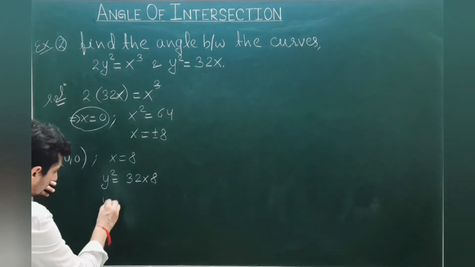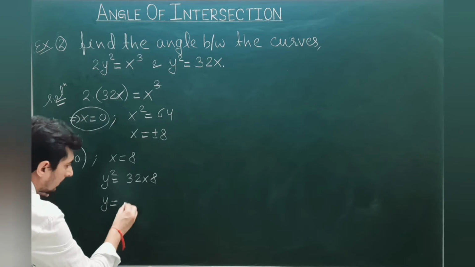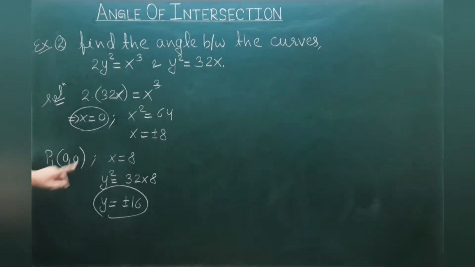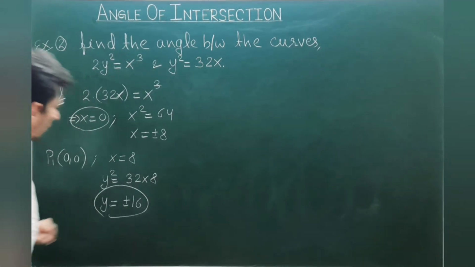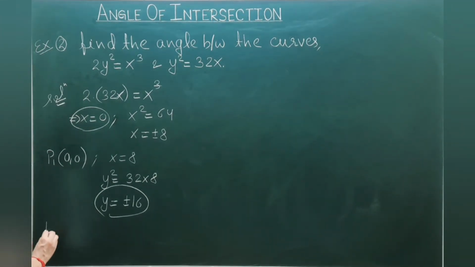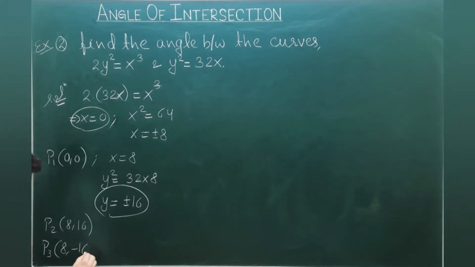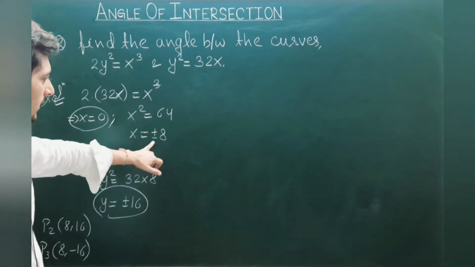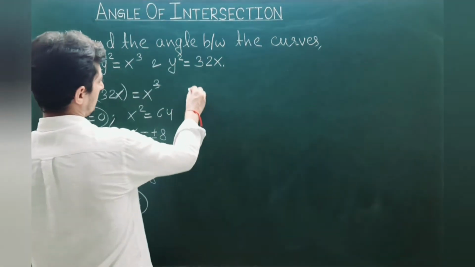So y is going to be plus minus 16. So here we have two more points, that is 8 comma 16, let's name it P2, and P3, 8 comma minus 16.